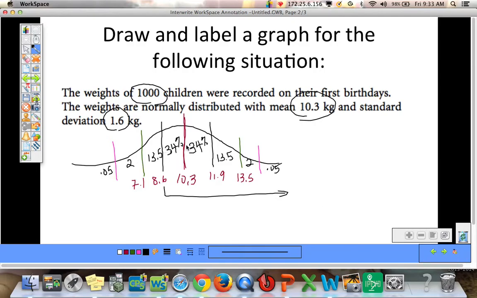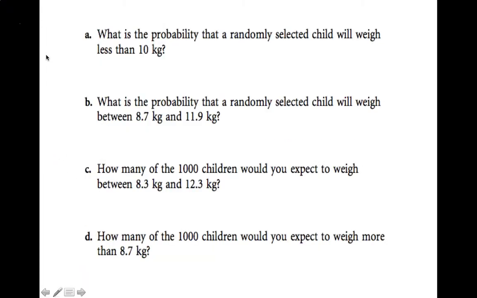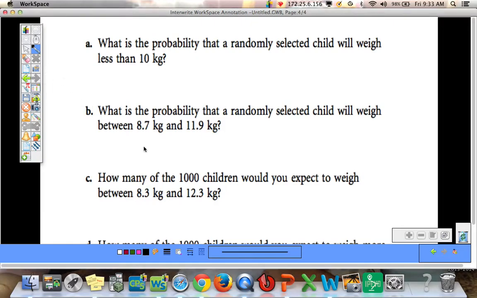So if we add up 34%, 34, 13.5, 2, and 0.5, add all of those up to get the percentages. We'll do that first. So again, we're on D right here. If we add those up, it's about 84%. So 84% of 1,000, and that would be 840 students.